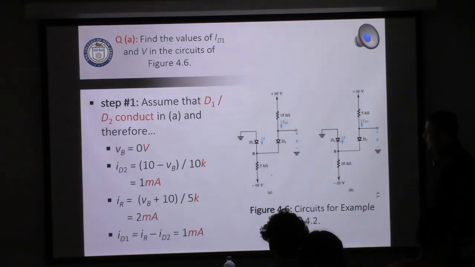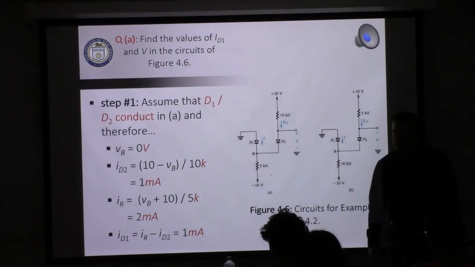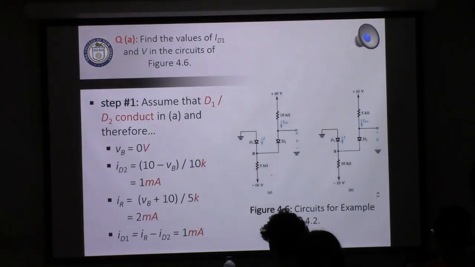Okay, so we solved. Is it coherent? We assumed that both of the diodes were forward biased and conducting. So now we have to check, are the currents through them flowing in the right direction?